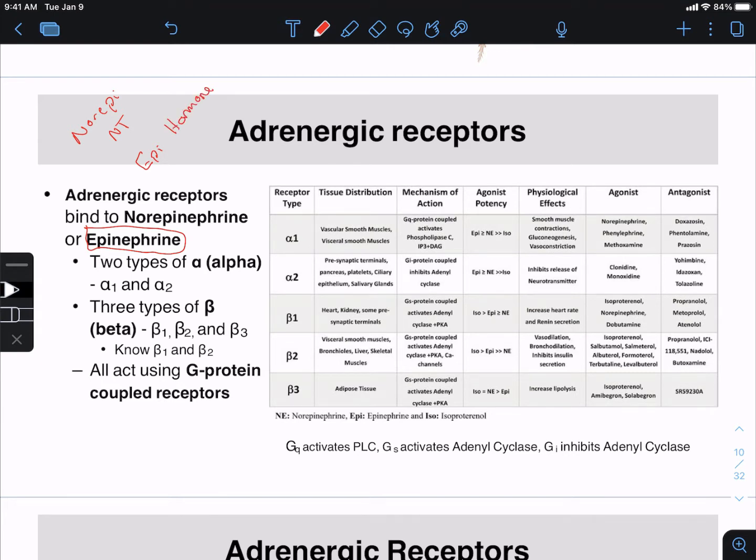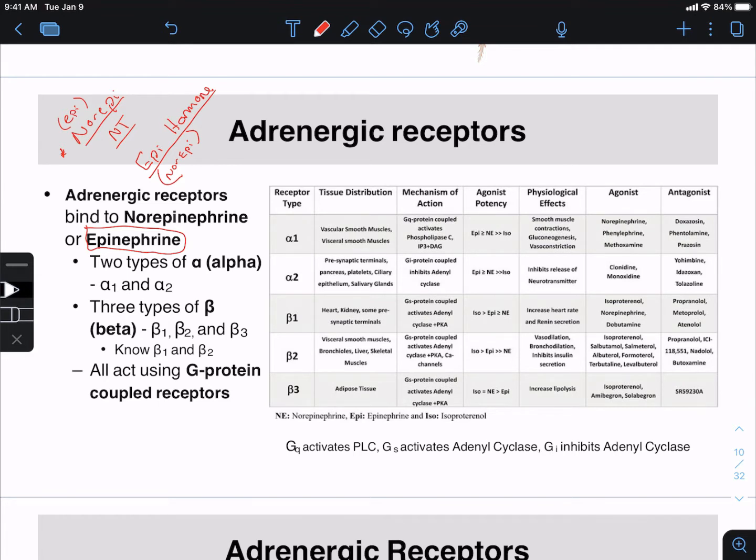When norepinephrine is released, there's always a little bit of epinephrine released with it. And when epinephrine is released from the adrenal medulla, there's always some norepi released. So with broad strokes you can classify them as neurotransmitter or hormone, but there's always just a little bit of the other mixed in, because they're so closely related chemically.